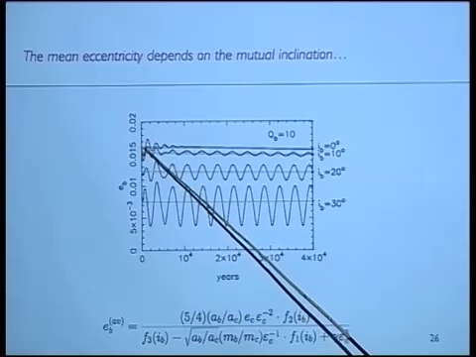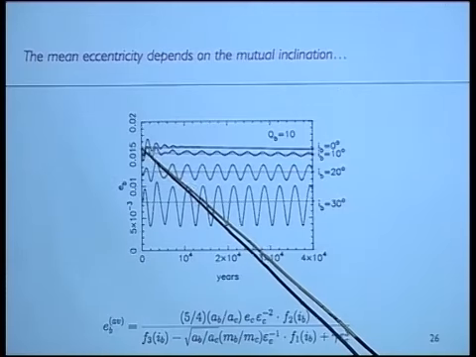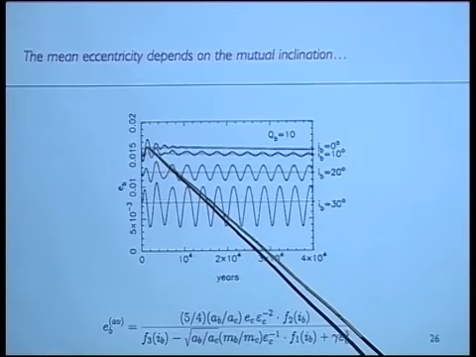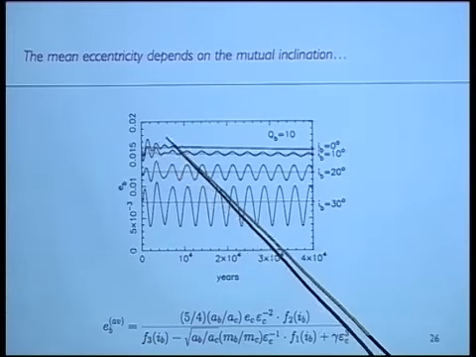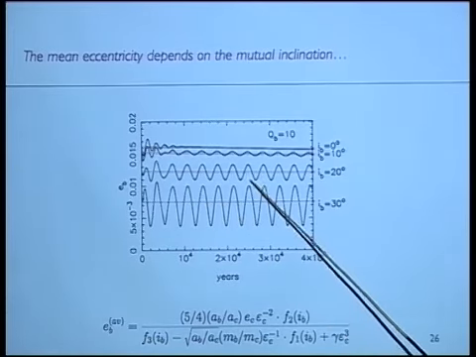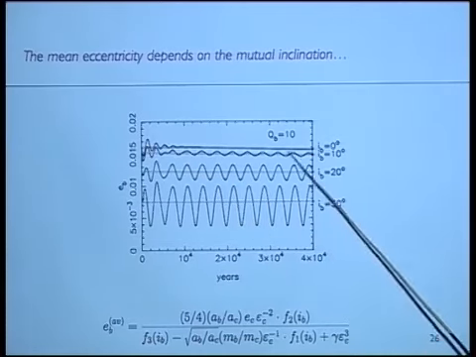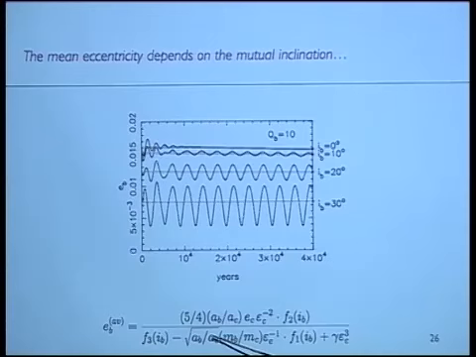Anyway, these are almost relaxed systems. I start them at their theoretical fixed point values, and so they're all already almost relaxed when I start integrating. The red lines are the theoretical averages, and the black lines are numerical.